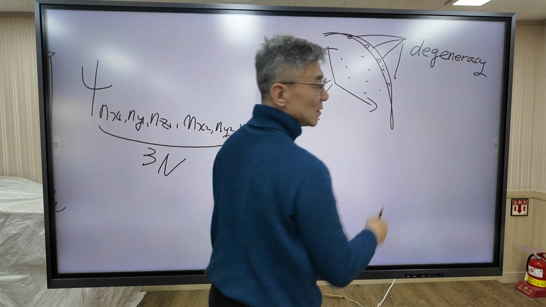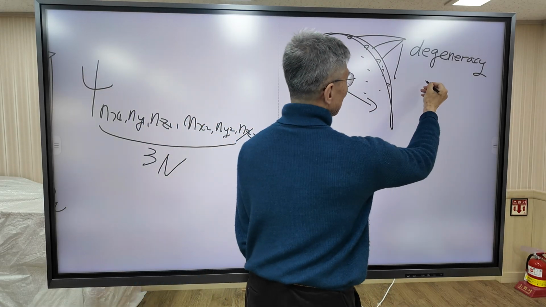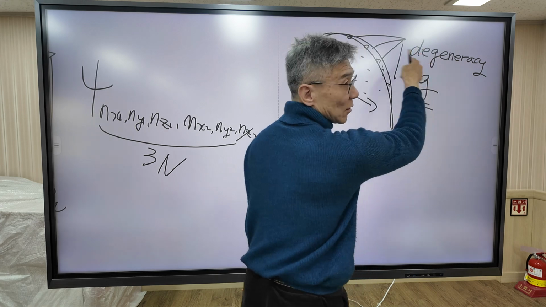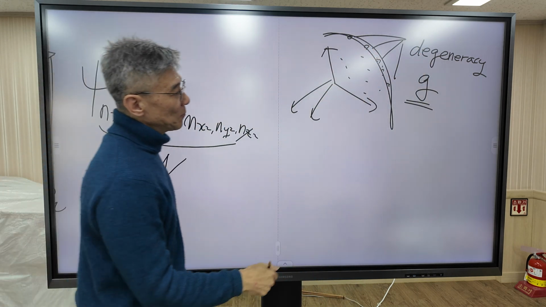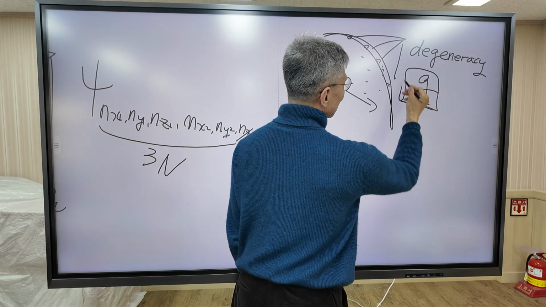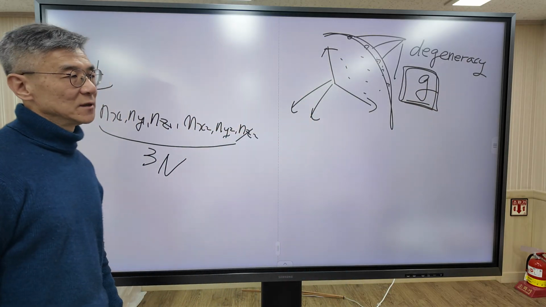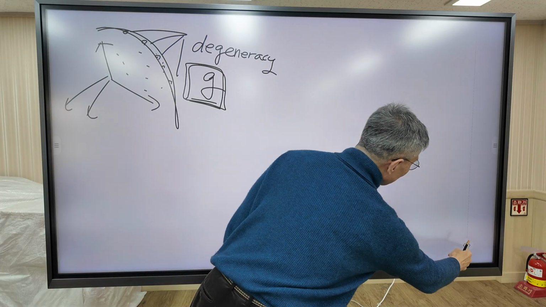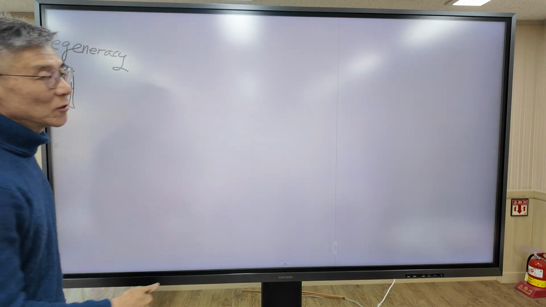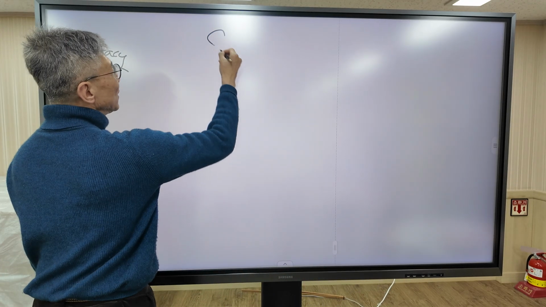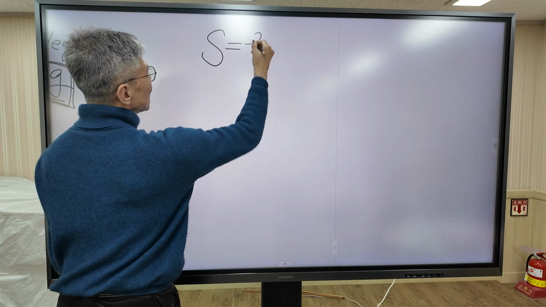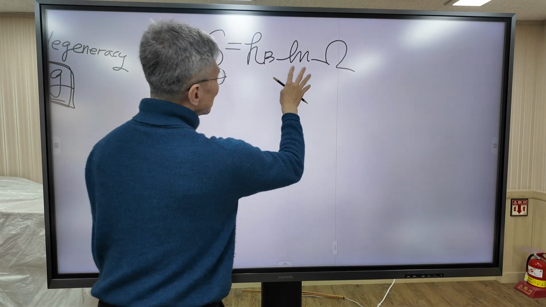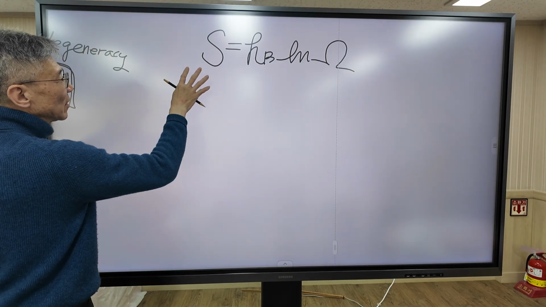To represent the degeneracy, I'm going to use the letter G. G refers to the degeneracy of the system. Now, this G is very important in thermodynamics. You may have learned last year that, according to Boltzmann, entropy can be expressed using this expression, a formula from Boltzmann's statistical mechanics.